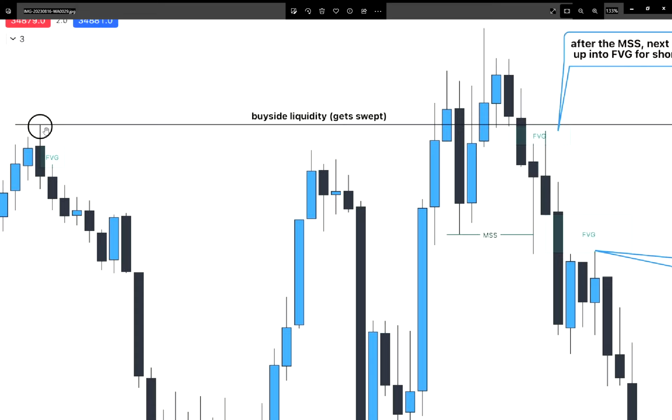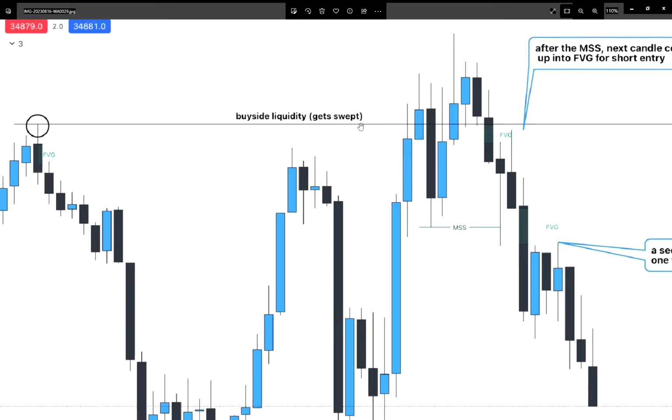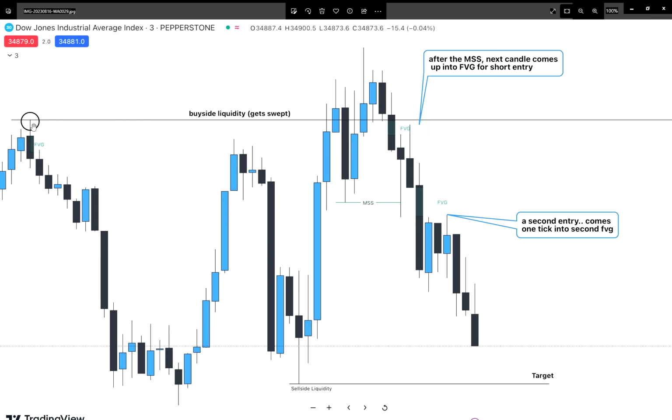Now if you have two equal highs, most retail traders will see that as a double top. I'm sure you've seen that before. When the price touches a resistance level or a double top level, it's supposed to continue down, or some retail traders may think that way.